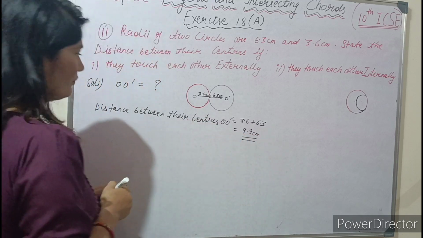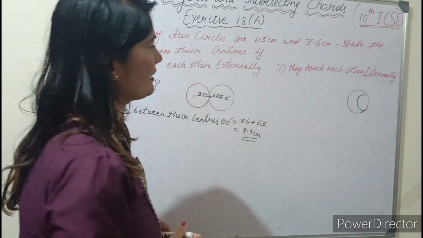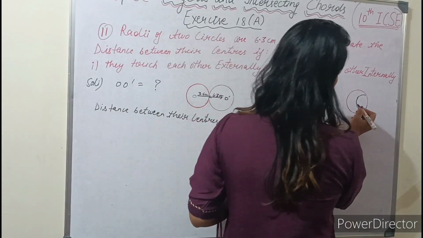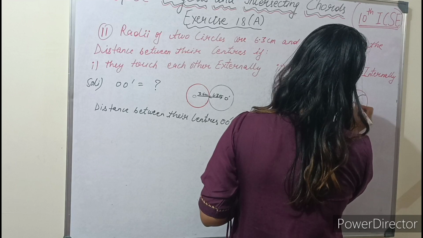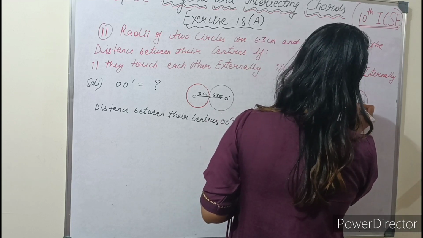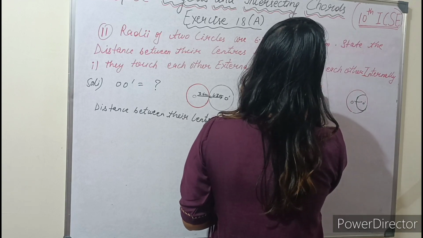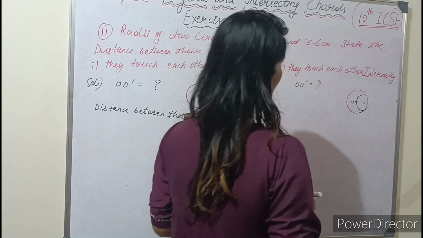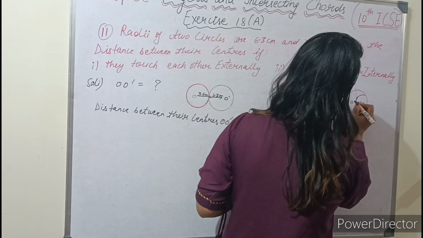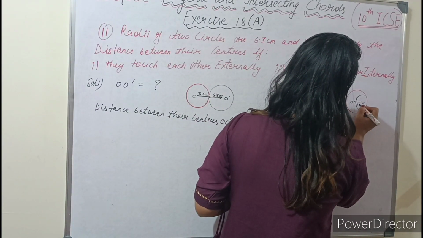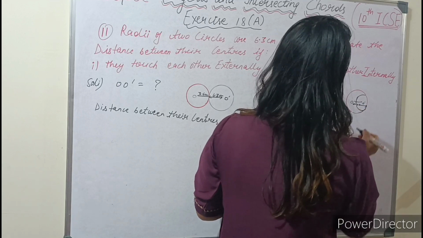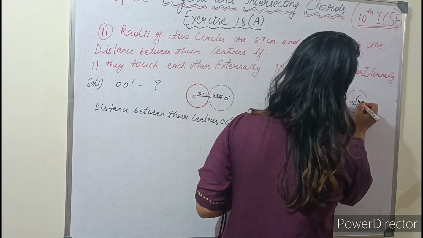This is the answer. Now moving to the second case, they touch each other internally. So in this case, suppose this is the center of the big circle and this is the center of the small circle. Again you have to find the value of OO dash. Again the radius of the big circle is 6.3, this is 6.3 from center to this point, and the radius of the small circle is 3.6.